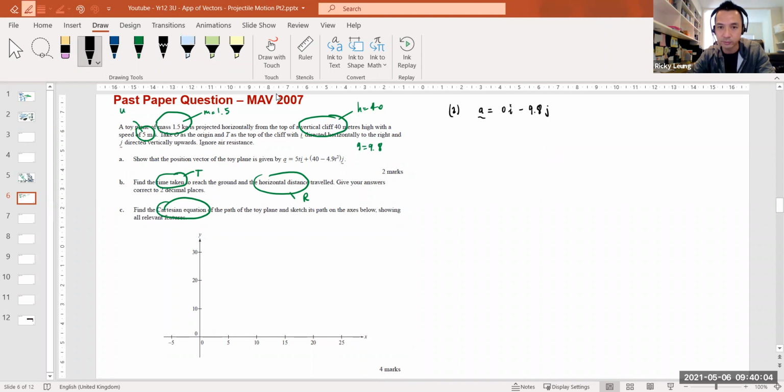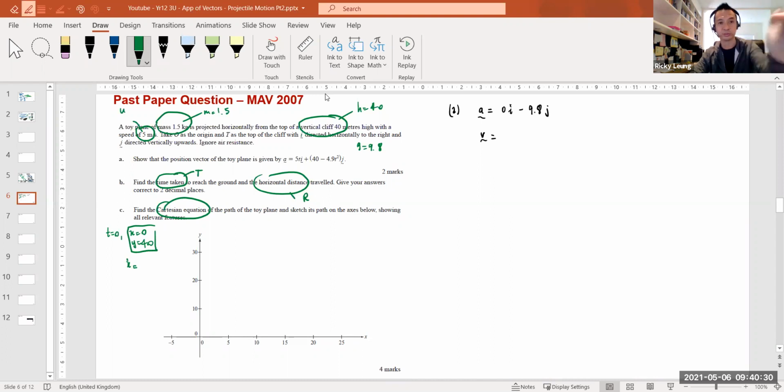The velocity vector is this integrated. So what do I do? Maybe I use the initial conditions: when t equals 0, I've got x equals 0 and y equals 40 meters.